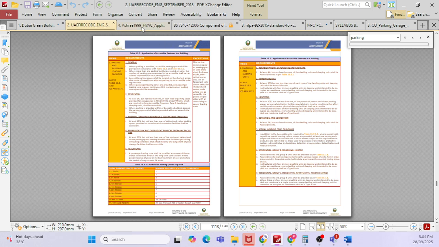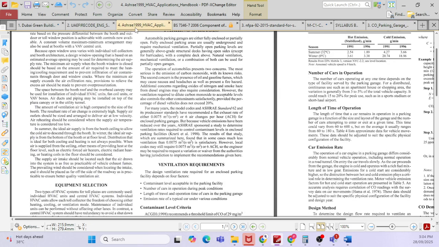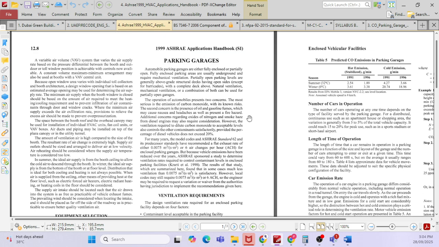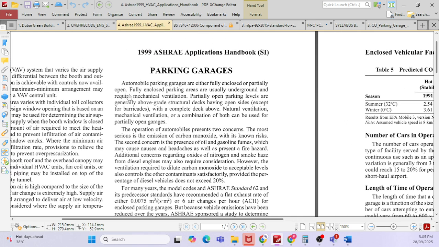First of all, I will go to the ASHRAE guideline, which is ASHRAE 111, from 1999. It will give you a clear explanation about parking garages. If I read this particular guideline, automobile parking garages are either fully enclosed or partially open. Fully enclosed parking areas are usually underground and require mechanical ventilation.